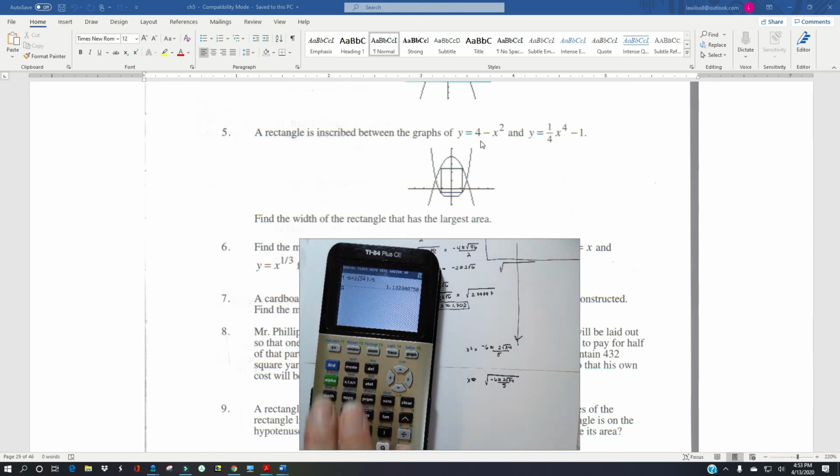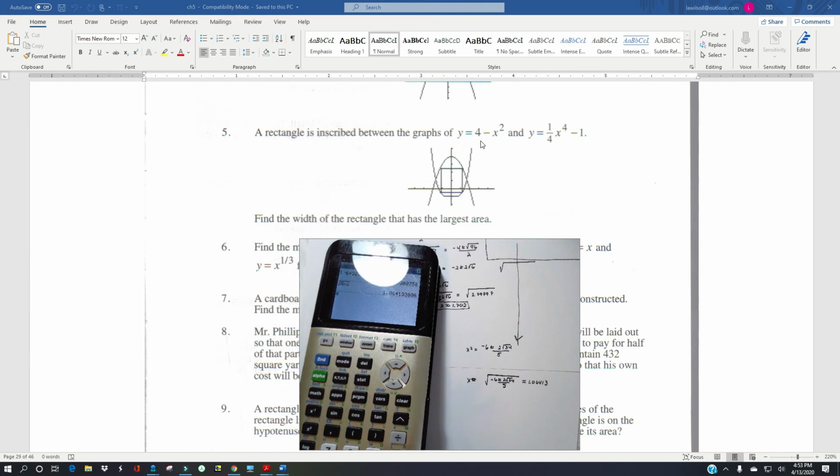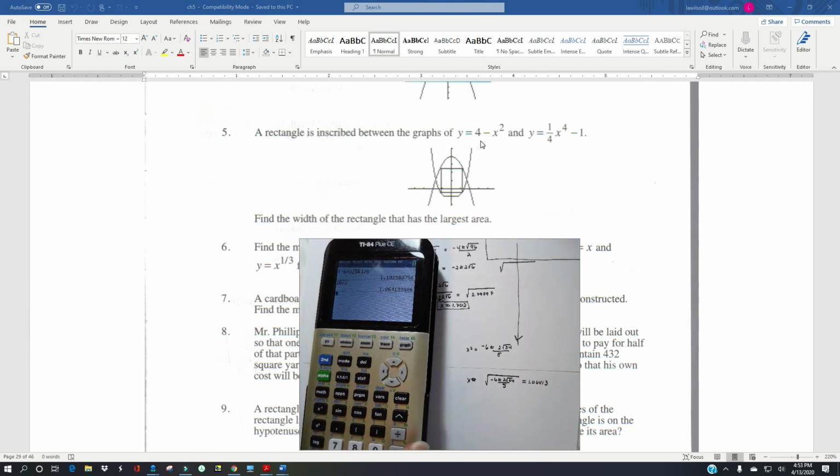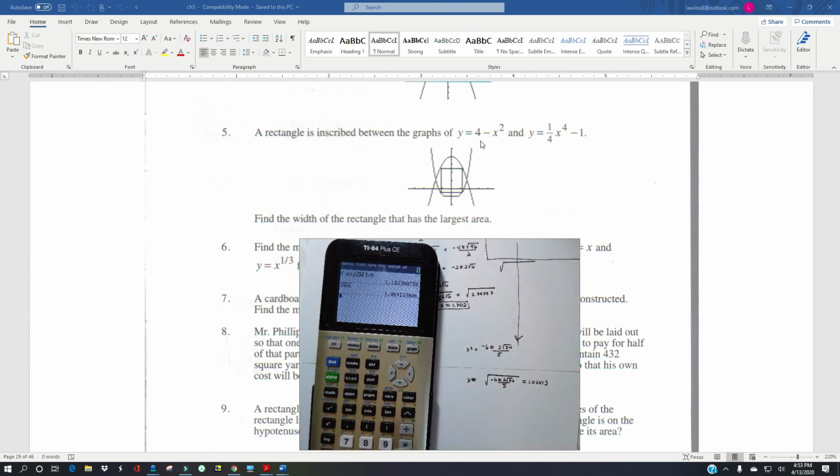I'm going to do second radical, second answer. So I get x is approximately 1.06413. So again, I'm rounding. And there it is. It's really hard to see on the calculator. 1.06413. That's what I'm rounding to. So that's my critical number.